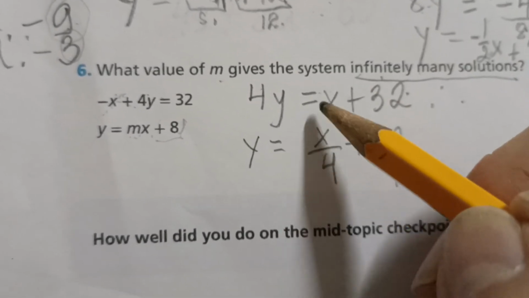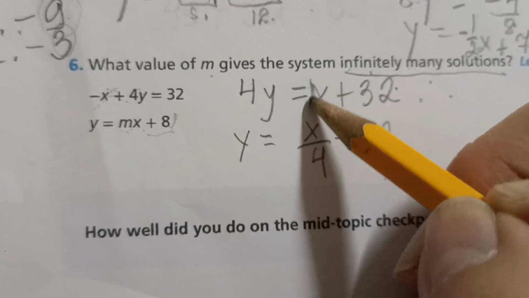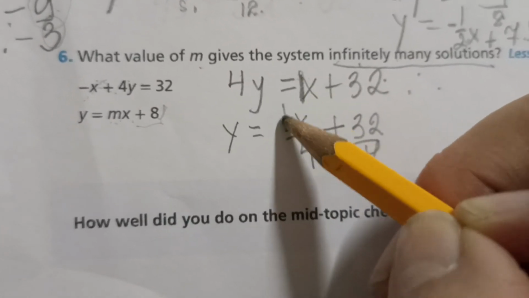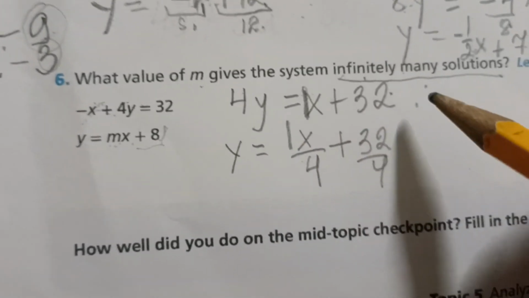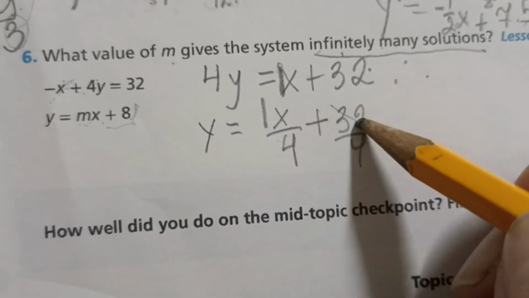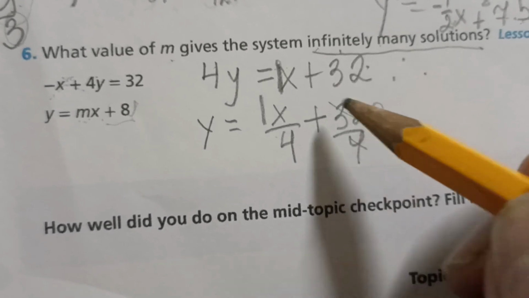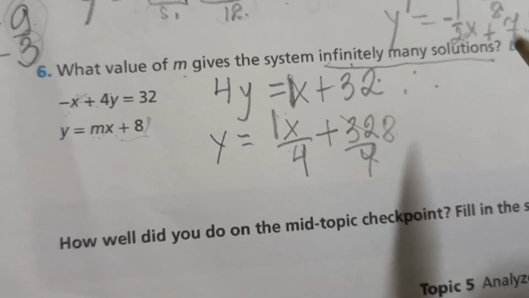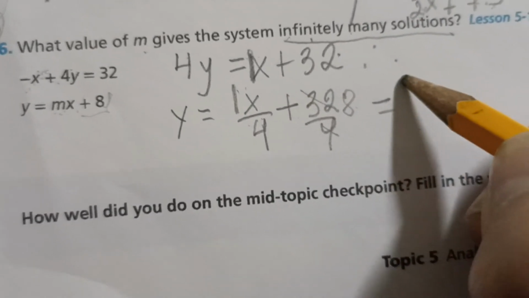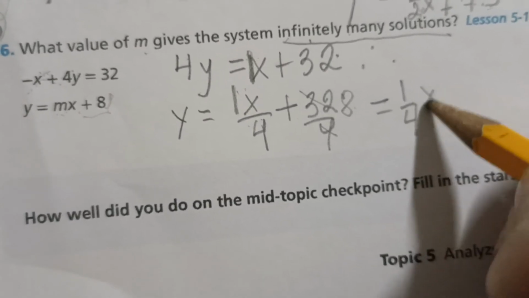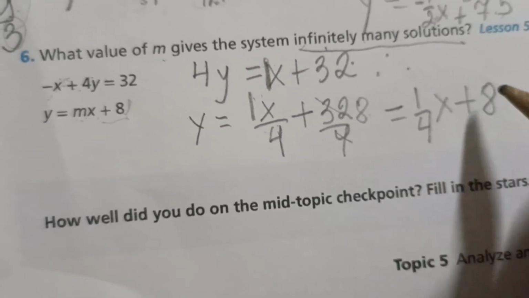And if here just x, remember again that number 1 is hidden. So here we can simplify and get 8, but here what do we have? 1 over 4. So here we have 1 over 4 x plus 8.